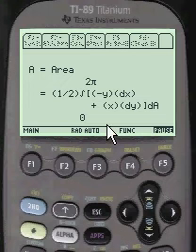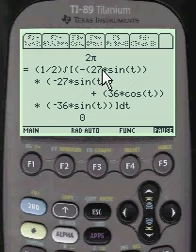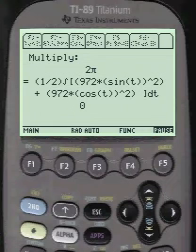And the area is this for an ellipse. We're going to substitute the parameters, minus 27, and then the dx, or dy, and here's the other dx and dy. We multiply them together, come up with that.